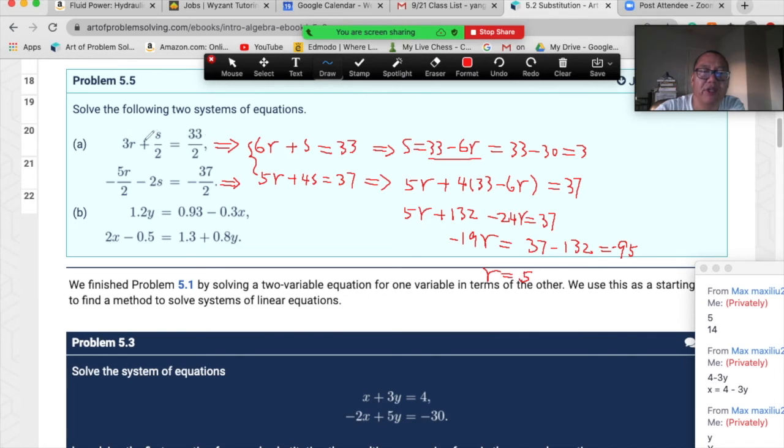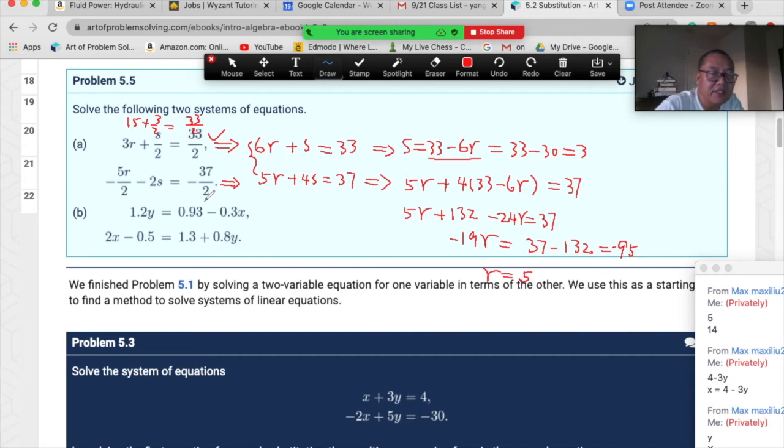So r equals 5, so this one is 15 plus s equals 3, so 3 over 2. This gives you 33 over 2. 30 plus 3, 33. So the first equation is right.